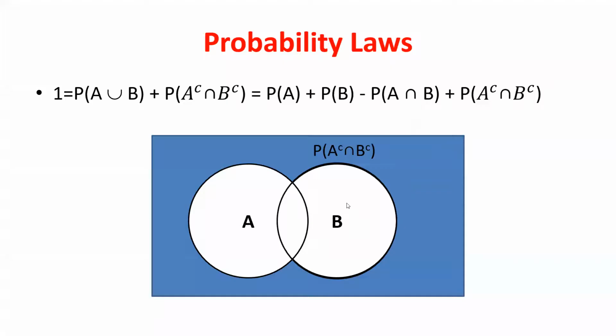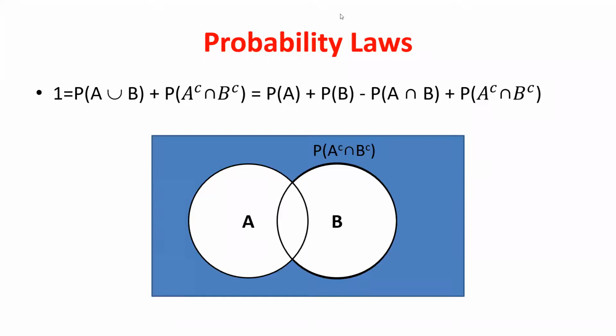Which is where it looked like when we look at this area, right? It's the area outside those circles. That's the intersection of A complement and B complement, right? So that's why that is what it is.